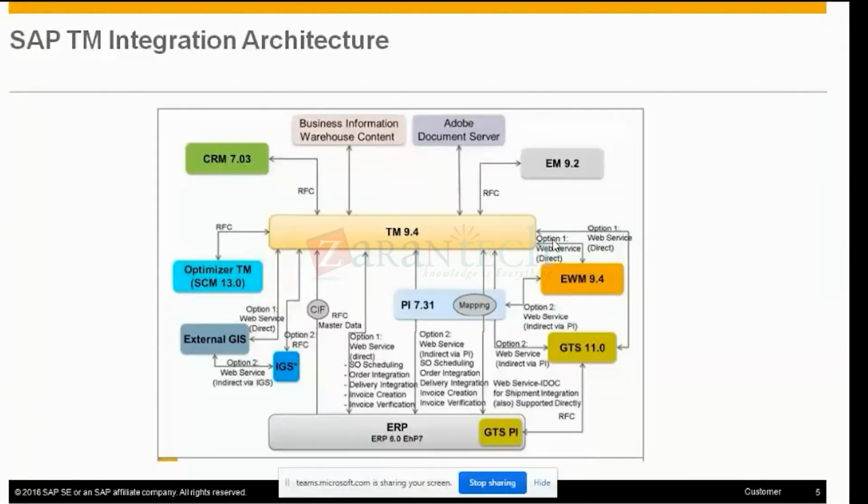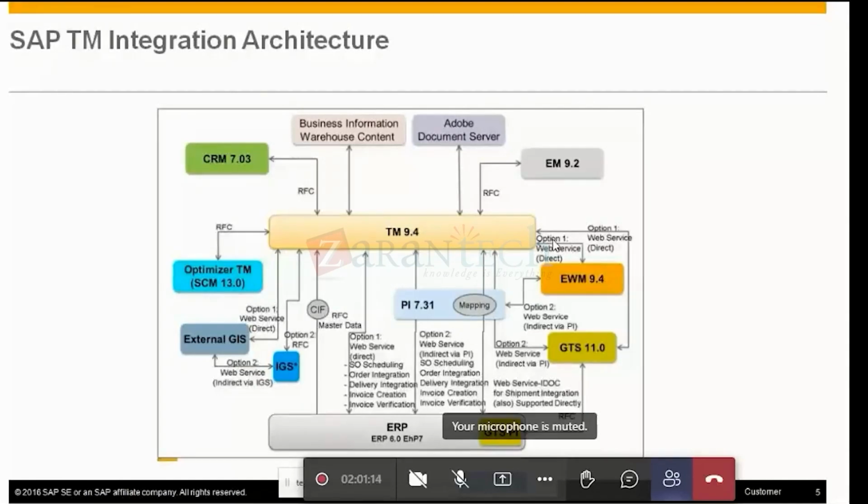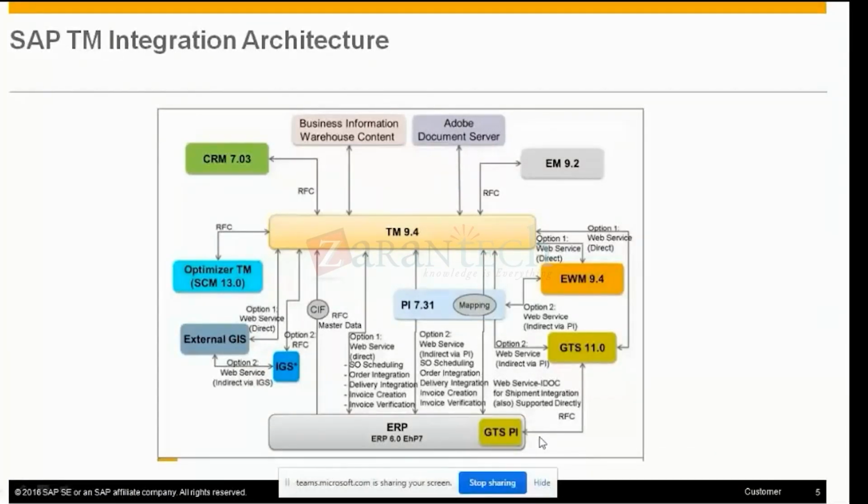The third integration is with GTS. GTS, as I told you, is Global Trade Services. Whenever you are doing any type of international shipment, you need to communicate the shipment information to your customs authorities.